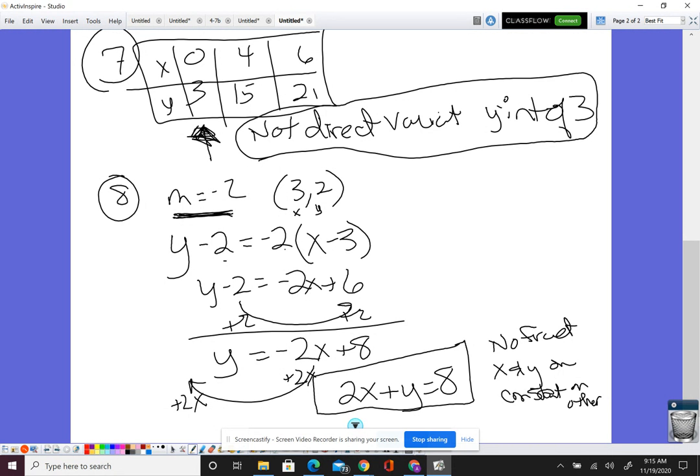So with standard form, you have to get the x and the y on the same side of the equals? Yes. And then for slope-intercept form, you need y equals and then your x on the other side? Yes. Okay, I got it. Any other questions?